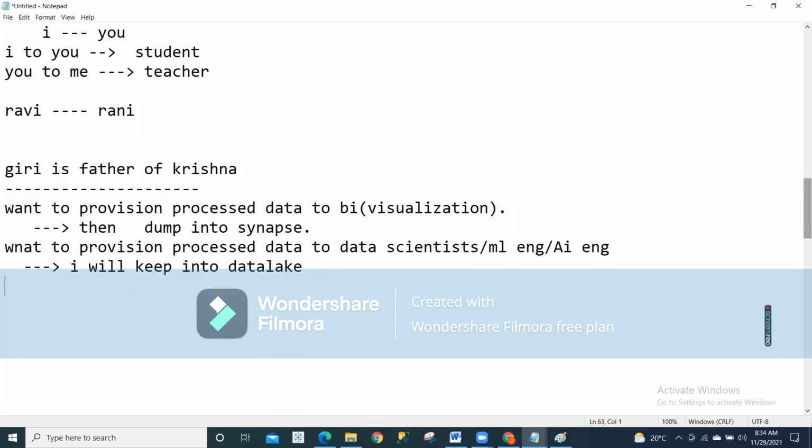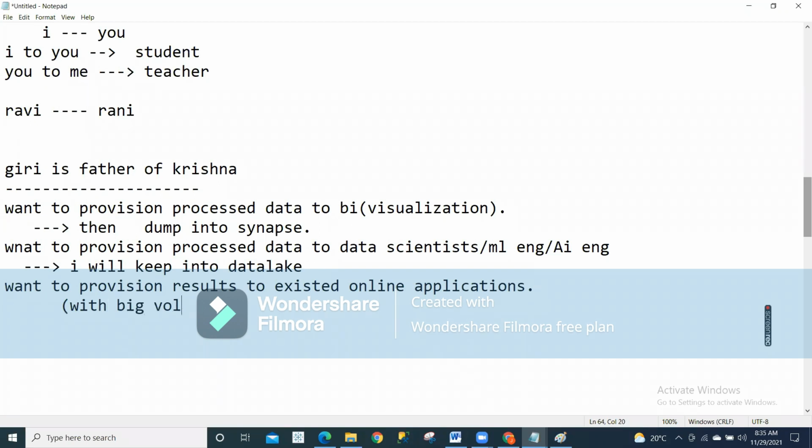And next one, I want to provision results to existing online applications, which will be with big volumes. This processed data should be taken by online applications.